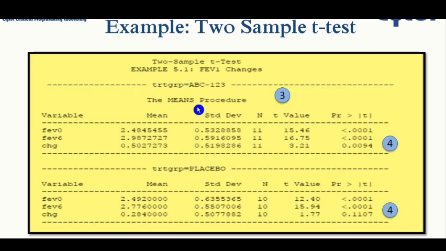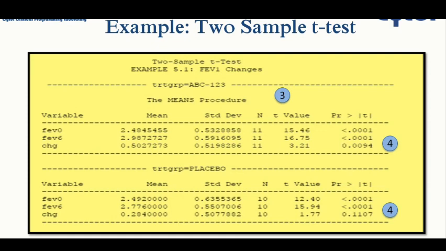This is the means procedure giving the descriptive statistics: mean, standard deviation, n, and t value, probability greater than t, and treatment group placebo is giving this value. FEV0 and change, but we are interested mainly in the value of the change.